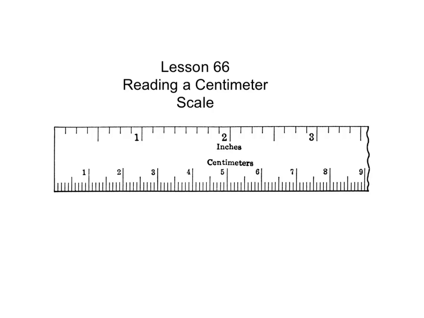You can compare that to the inches. In lesson 65, we learned to write lengths as decimal parts of a meter. For example, 15 centimeters can be written as 0.15 meter.